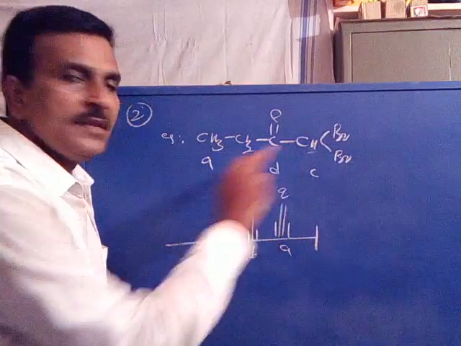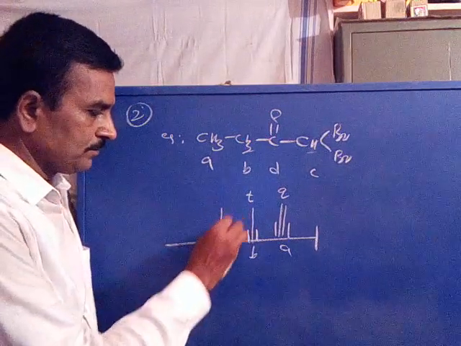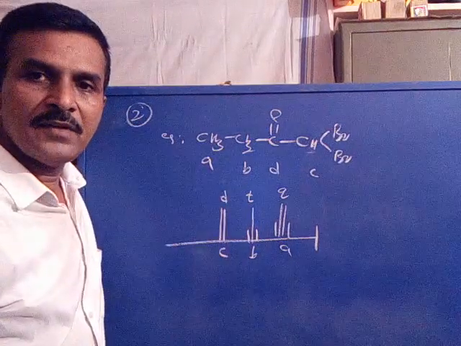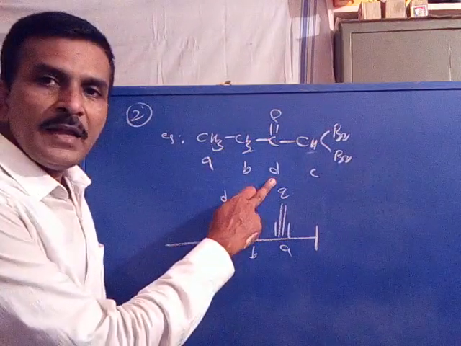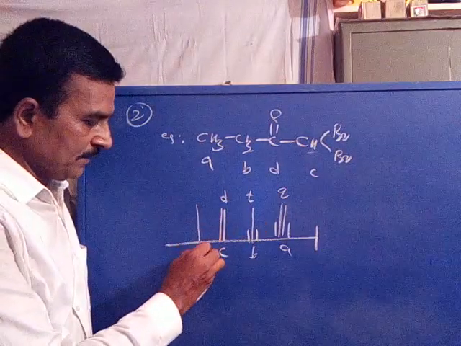And C carbon is a CH carbon, so 1 + 1, it appears as a doublet. Now carbon D has no hydrogen, therefore it appears as a singlet.